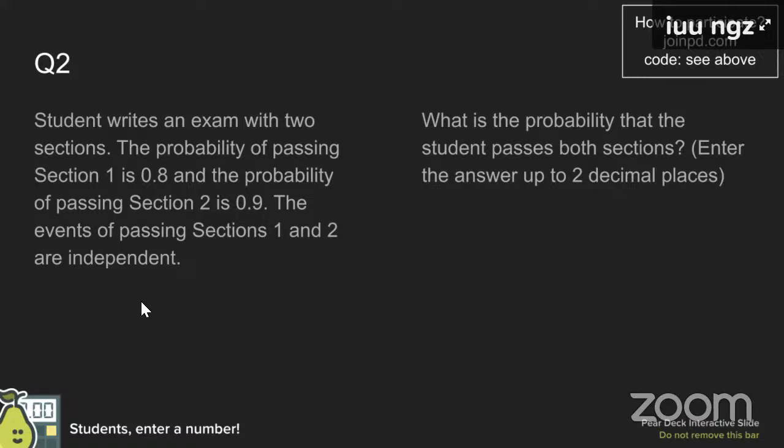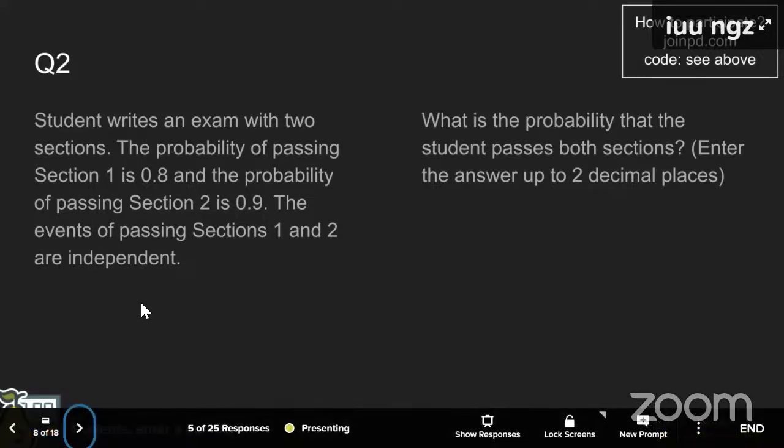The events of passing section 1 and 2 are independent, so passing one section is not dependent on passing the other. You have to find the probability that the student passes both the sections. I have set the timer for 3 minutes, so let's think about it and give your answers.